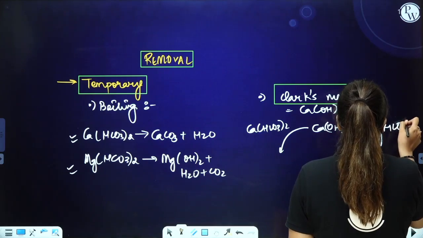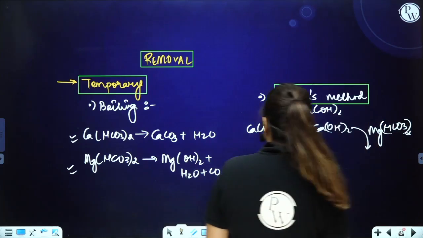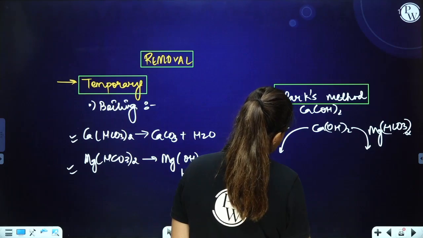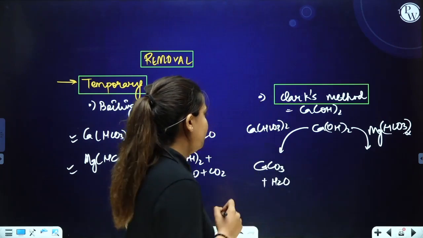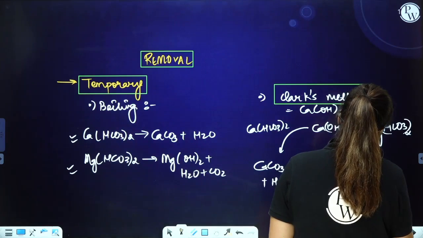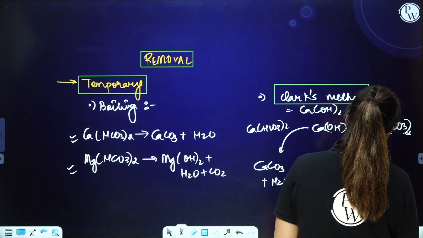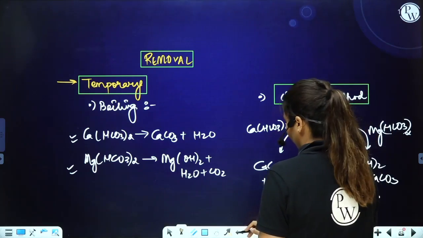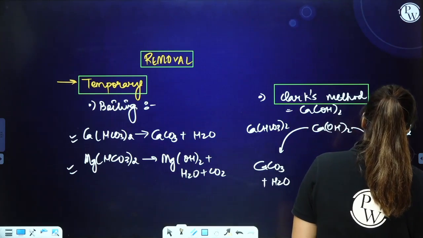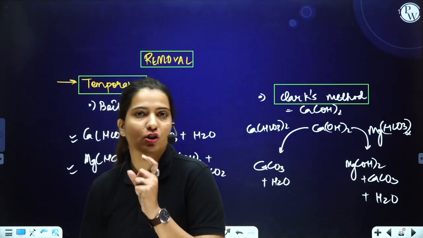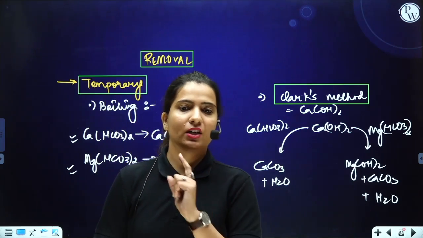It is reacting with these ions, and what product is it producing? Here it is producing calcium carbonate plus water, and here it is producing magnesium hydroxide plus calcium carbonate plus water.